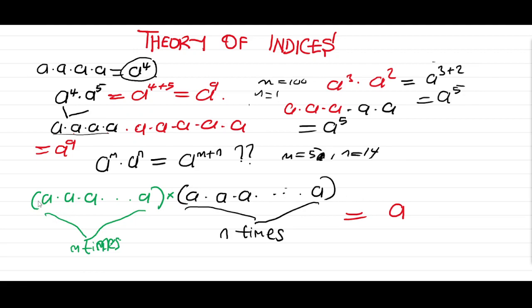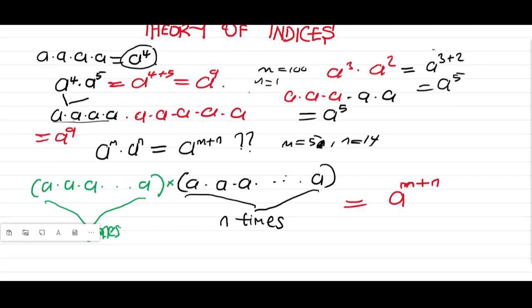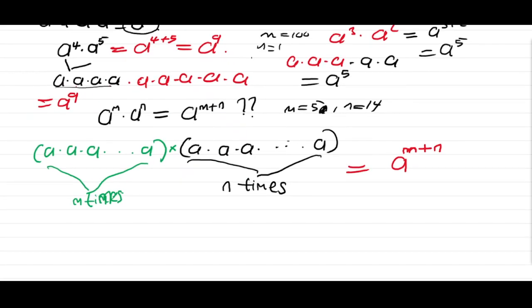Here a has been multiplied by itself m times, so we count m times, and then here a has been multiplied by itself n times, so we are going to count m plus n a's in total. So this will be a to the m plus n, and this is the first law of indices we are proving: a to the m multiplied by a to the n is equal to a to the m plus n.